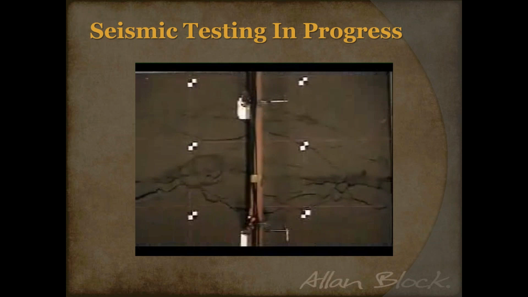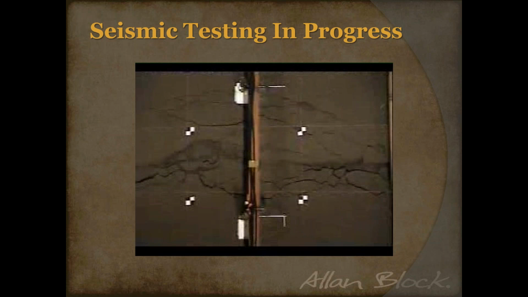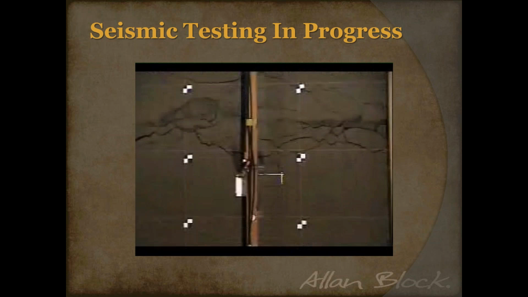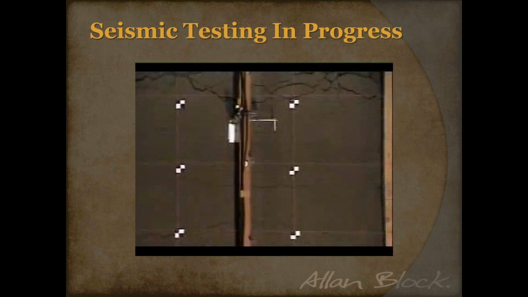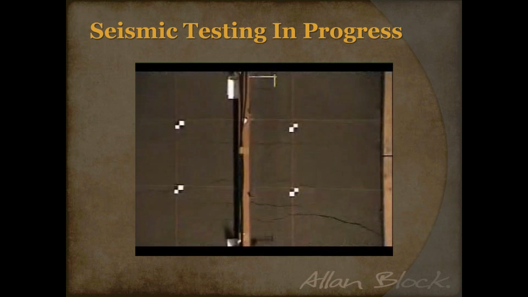All right, there you can see some of the soil being pulled apart. I believe that's right at the back of the geogrid. And you can see some cracking as well towards the wall itself.